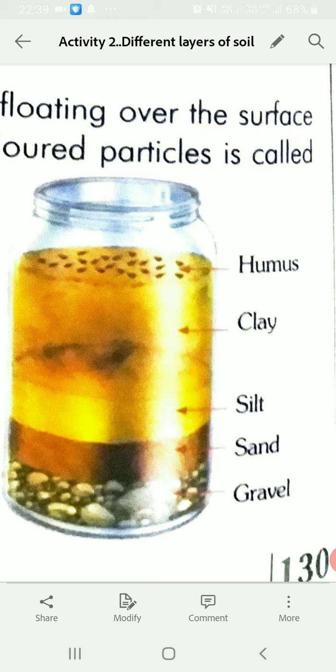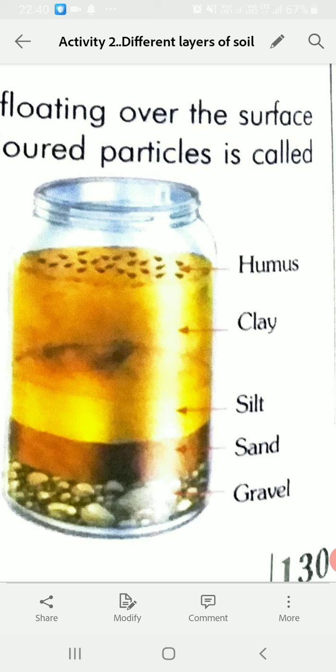The second layer from the bottom consists of sand particles, and the third layer consists of very fine particles of clay. So here you can see clay.